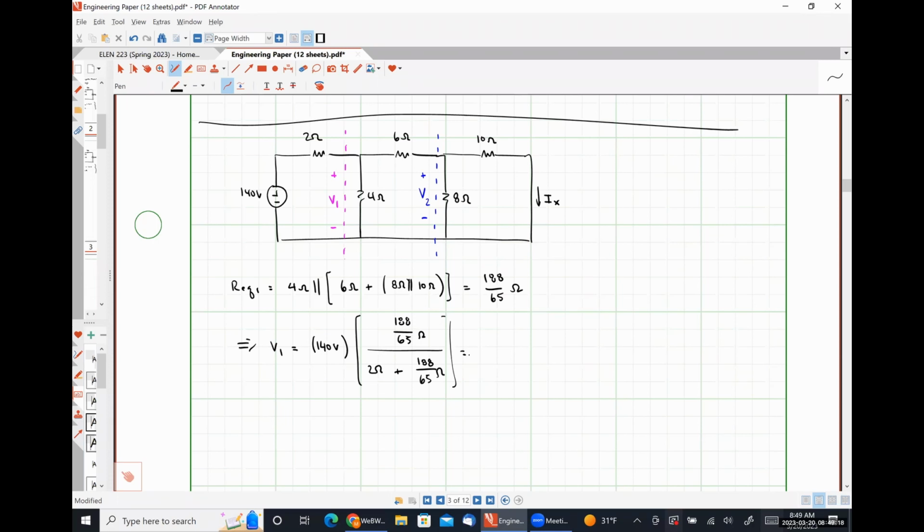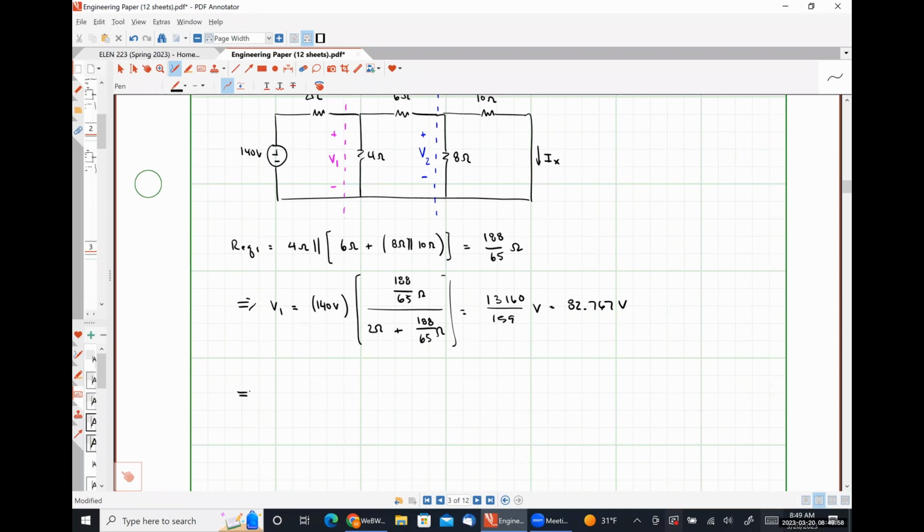So that's 140 times what I have stored in my calculator, which is Y over 2 plus Y. What I'm storing in my calculator is Z. This is a giant fraction, 13,160 over 159 volts, or in normal people terms, 82.767 volts.